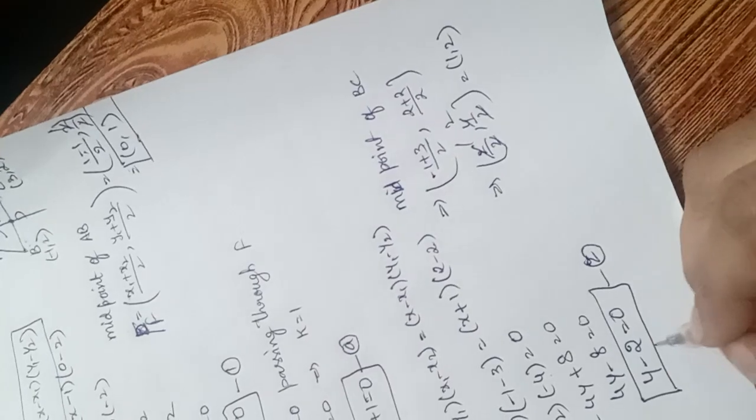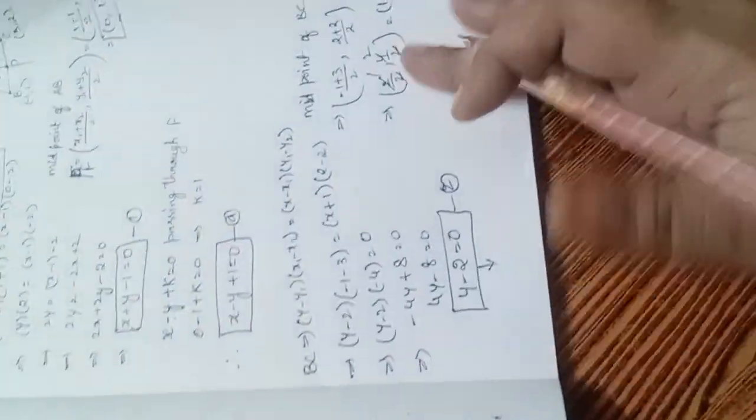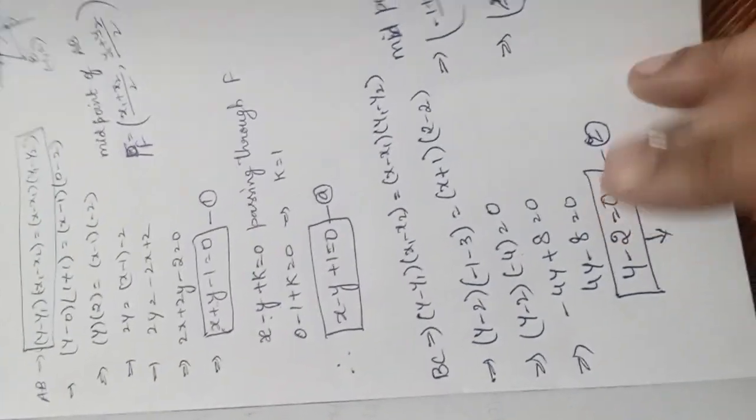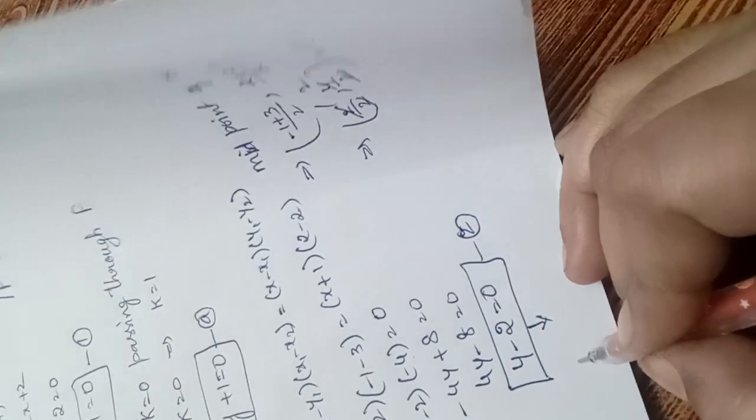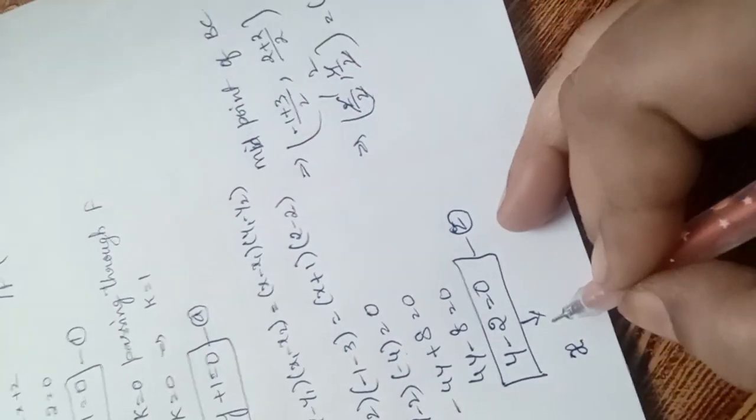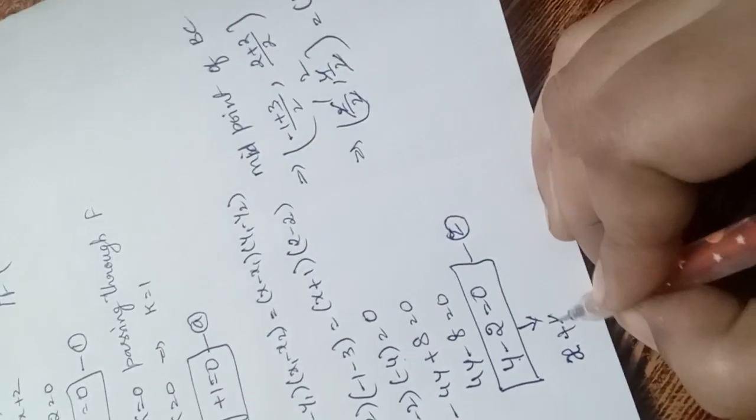Now for this, what is the perpendicular line? We can write, for this line, bx minus ay. Here a is 0, b is 1. So bx, a is 0, so y becomes 0, plus k equal to 0.